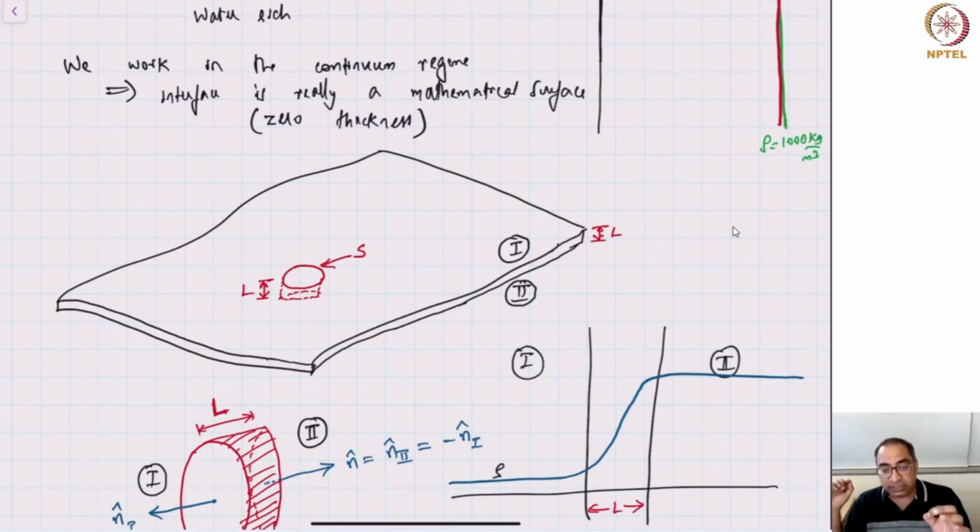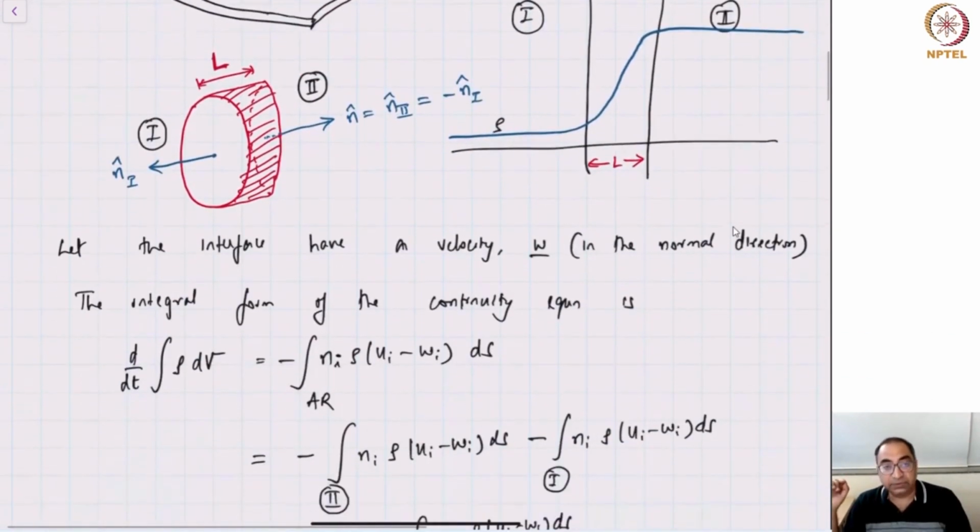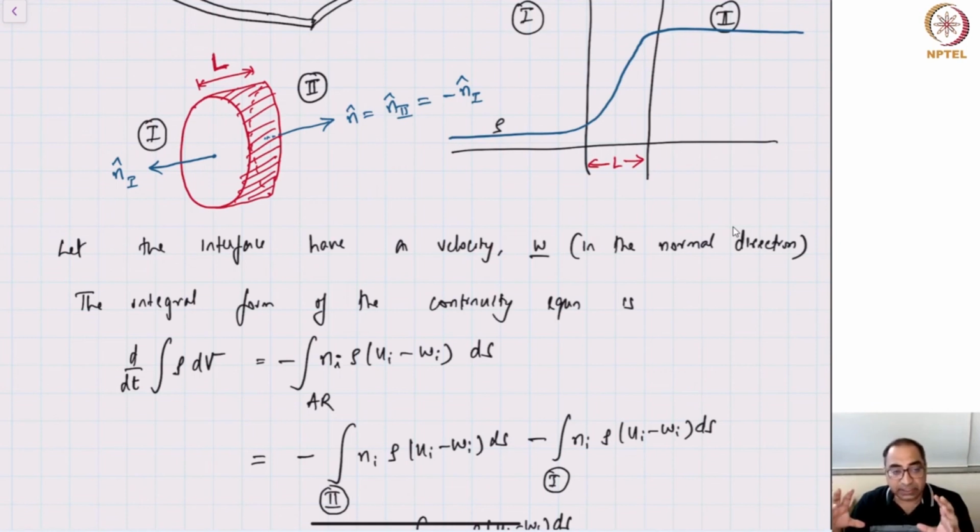We considered a small elemental area on that of area S, and this area S has 3 faces. We have one pointing into region 1, the other pointing into region 2, and then we have the curved part of the cylinder S. We wrote down the integral form of the momentum and the continuity mass balance equations for this particular volume element.